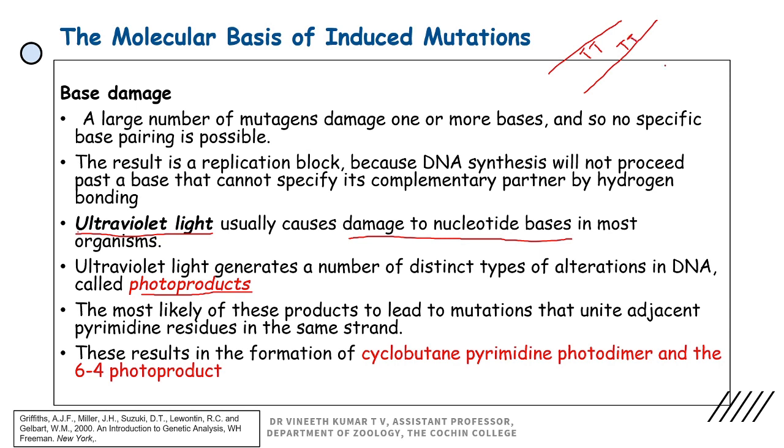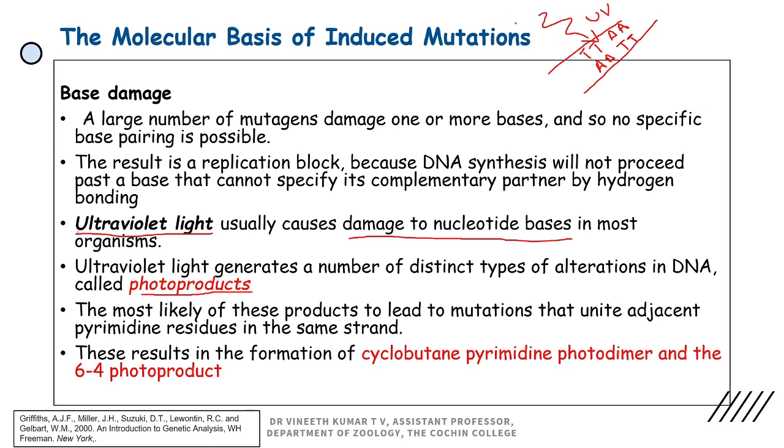Now, a non-ionizing radiation like UV radiation is hitting this particular DNA strand. Naturally, this A will be pairing with T in the opposite strand, and here also this T will be pairing with A in the complementary strand.